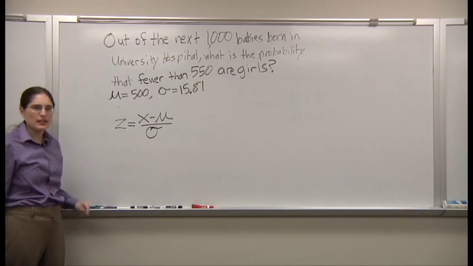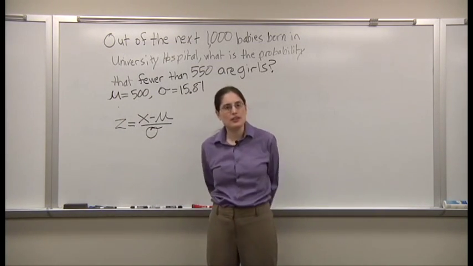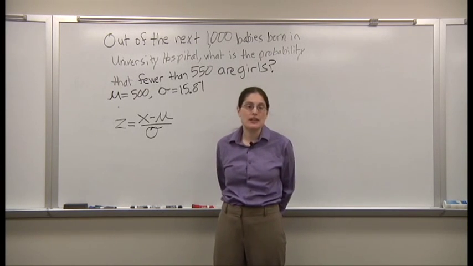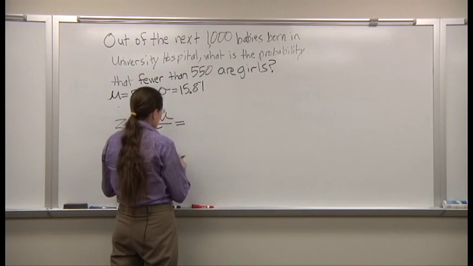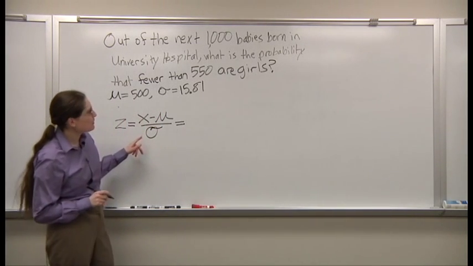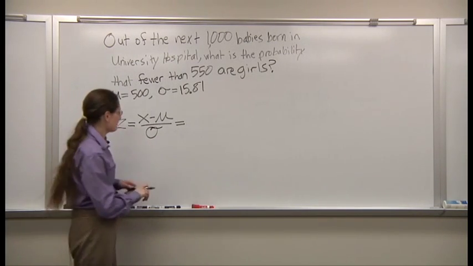What should your x be? Well, x is the number of girls that we're interested in, 550. Technically, we're going to use 549.5. Why? I'll come back to that.